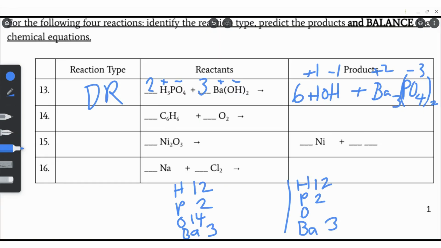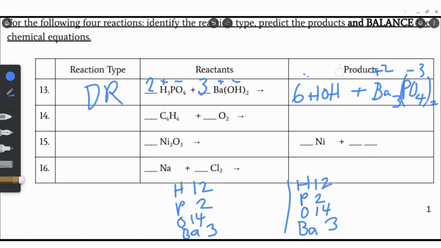That's good. And then oxygen, we had 8 as part of our barium phosphate already, and we just added 6 more, so that is going to be 14. If you look at this now, we have 12 hydrogen on each side, 2 phosphorus on each side, 14 oxygen, and 3 barium. So our equation is now balanced, and that is our final answer.